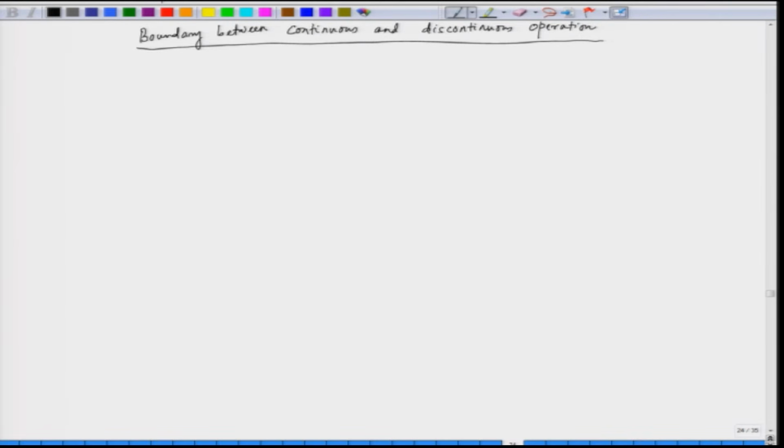So, we can say that beta is equal to pi plus alpha. This is the boundary condition, after that current becomes continuous. Now, let us try to see when this happens. This happens when beta is equal to pi plus alpha.